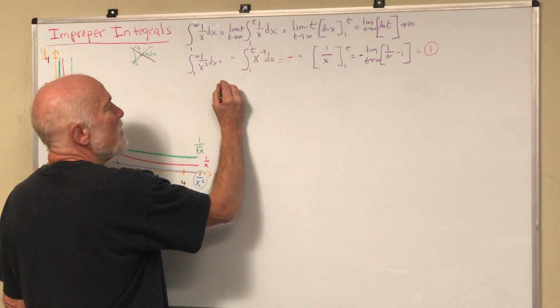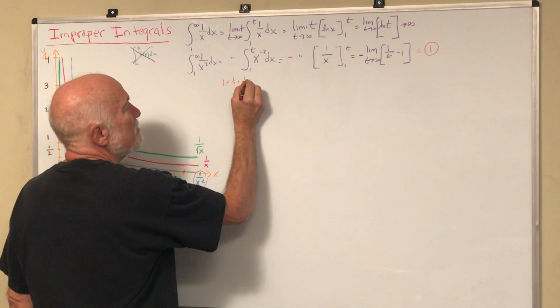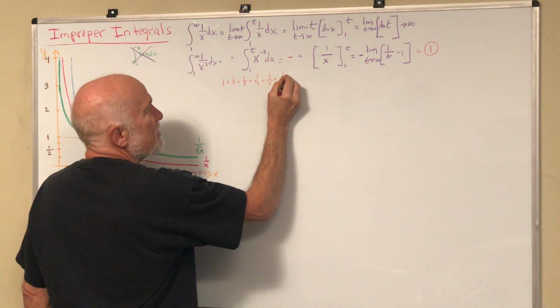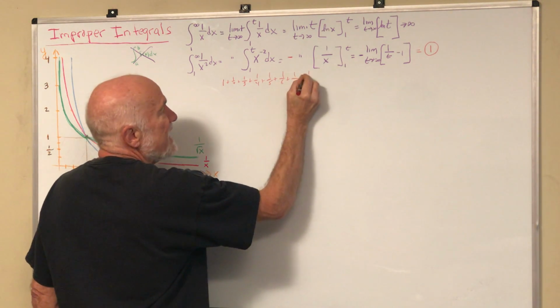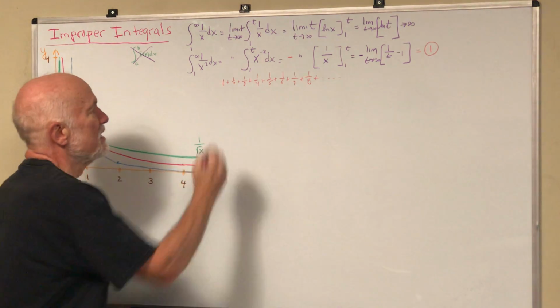For instance, what if you add up 1 plus a half plus a third plus a fourth plus a fifth plus a sixth plus a seventh plus an eighth, and you keep going forever?